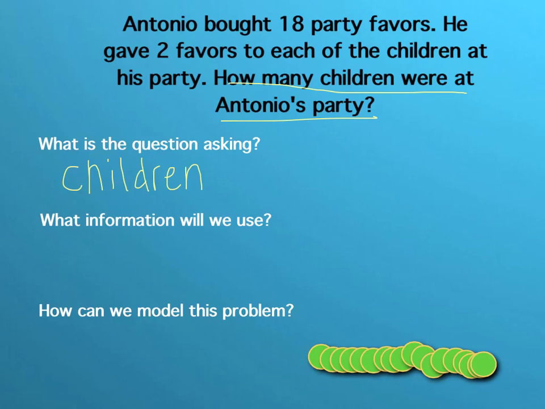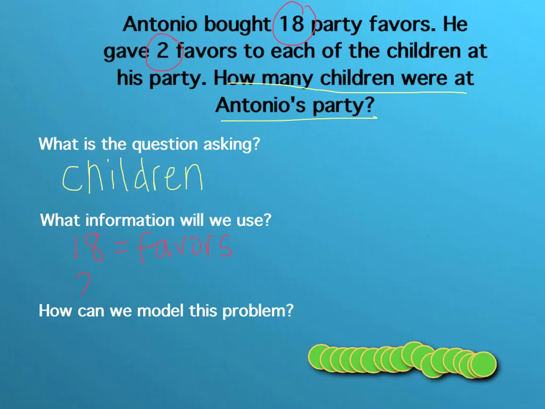What information are we going to use? Now we're going to look at our numbers. We have the number 18, and then we have the number 2. In our problem, 18 is equal to the number of party favors, the total number of favors.